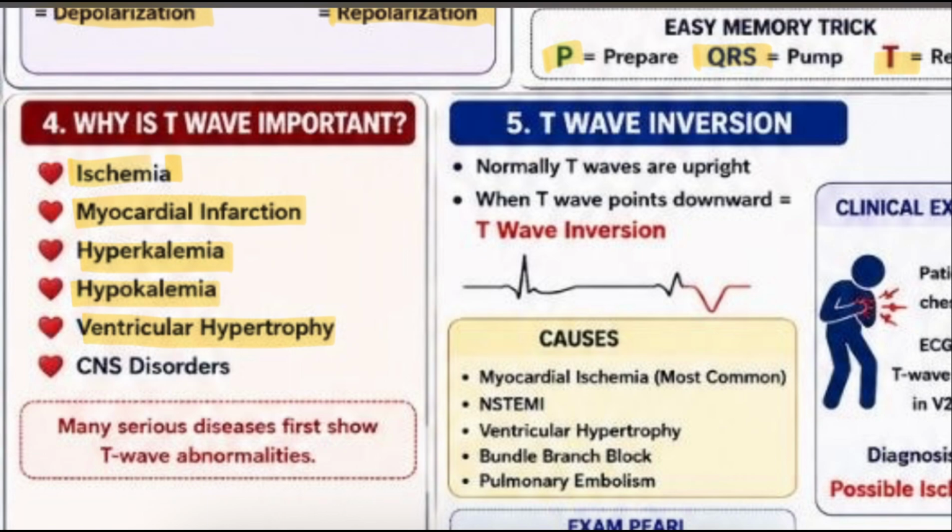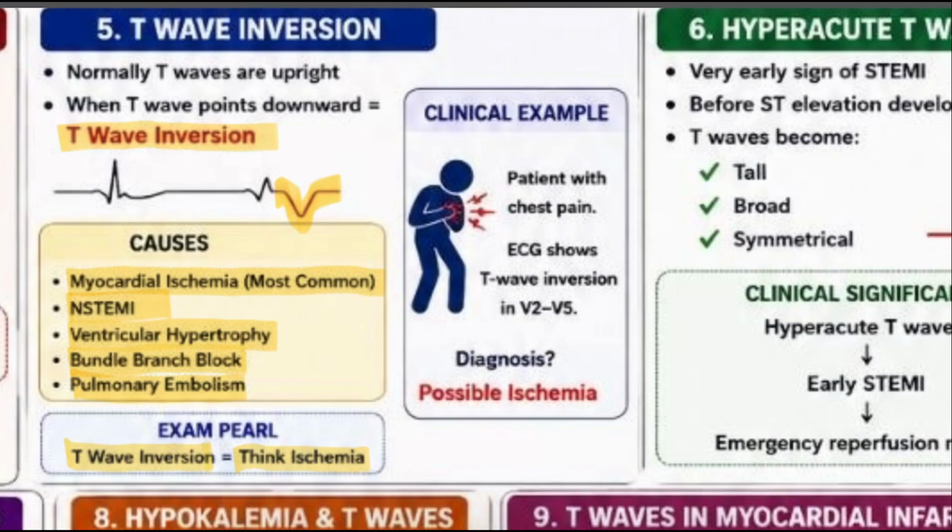In a clinical example, when a patient presents with chest pain and the ECG shows T wave inversion in V2 to V5, we have to suspect possible myocardial ischemia. So T wave inverted means we always think about myocardial ischemia.